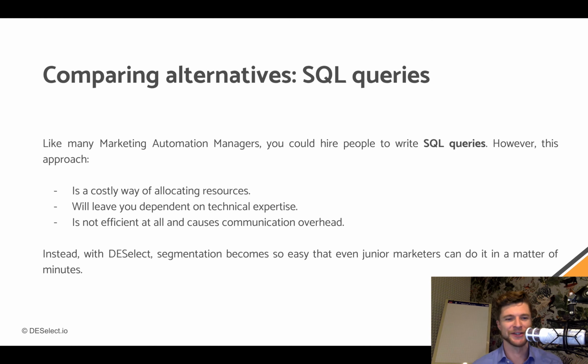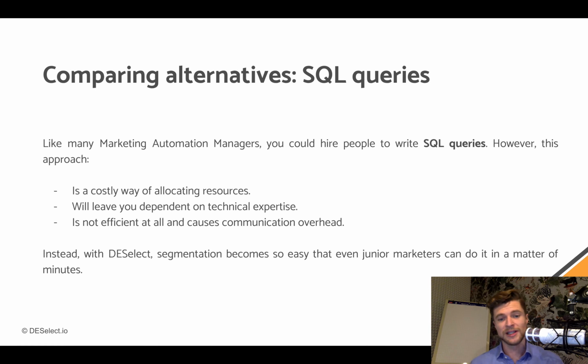Okay, and then there's SQL queries. Now, even if you know SQL, it's a hassle to write it. I know, because I used to do that at some point. It's just a very costly way of allocating resources, and the resources who are capable of writing SQL in Marketing Cloud are rare, and there's a good chance you may be able to use them for something more value-adding than writing queries.